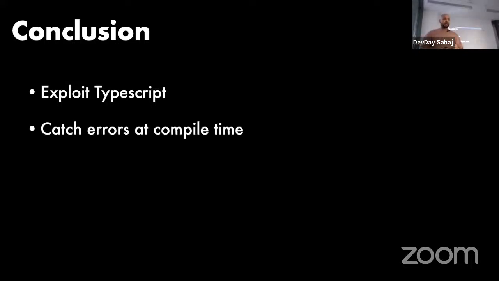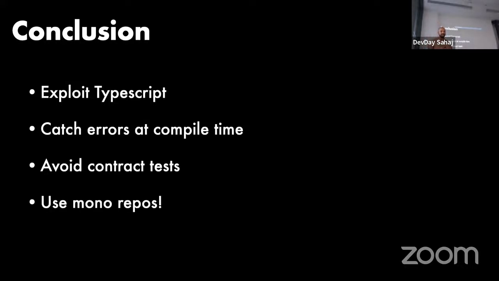So catch errors at compile time, put everything together, and get your project into a way that things are caught at compile time. Avoid contract tests. Use monorepos. This is not an ideal situation, but we did all of this in our last project.